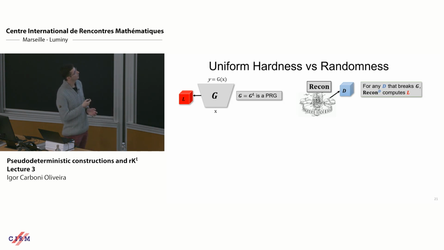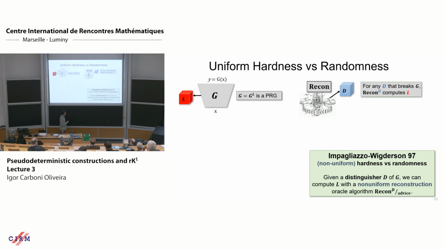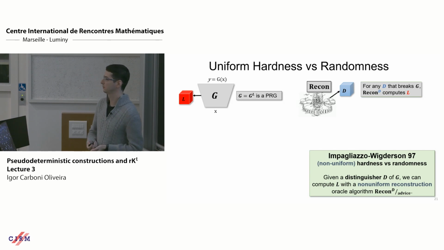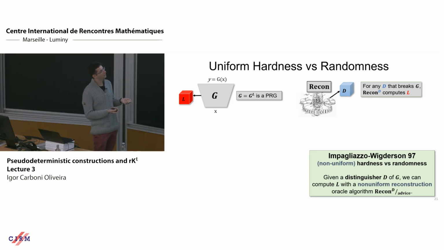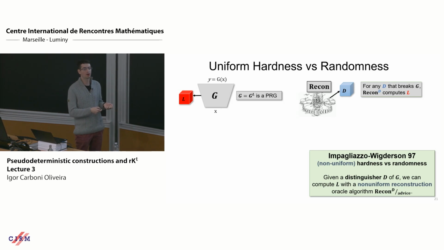The important point is we have this reconstruction procedure. And in its most basic form, this is one of the classical results, you can get a generator that is non-uniform. So what does it mean? It means you make a very strong hardness assumption about the language, that it's hard against non-uniform computations, and you can fool non-uniform tests. Okay? And the reason you have this in this generator is because the reconstruction procedure itself requires advice.